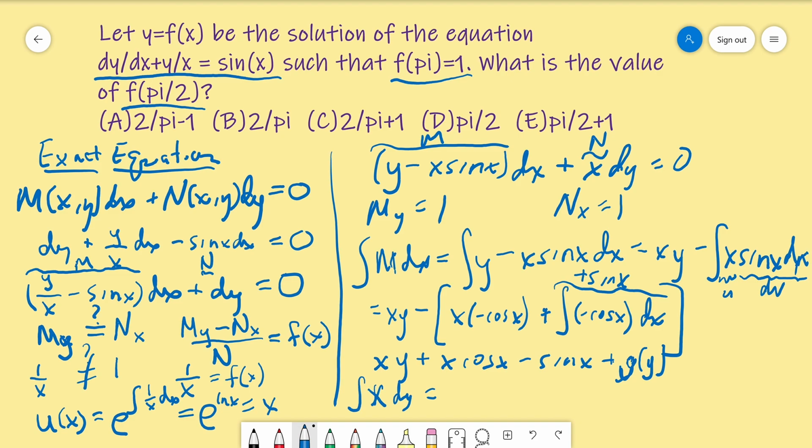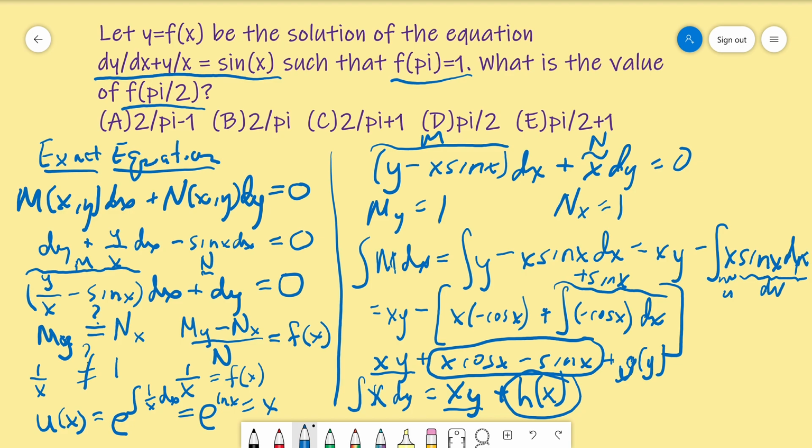So now the integral of x with respect to y, that's going to be xy plus some function, let's call it h of x. So now we see that this xy appears in both of these solutions. And then we've got h of x is going to be our x cosine x minus sine x. That's h of x. And g of y, well, that's just going to be 0.